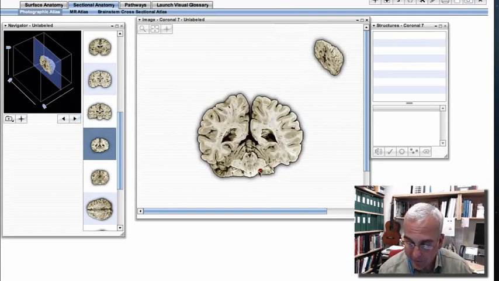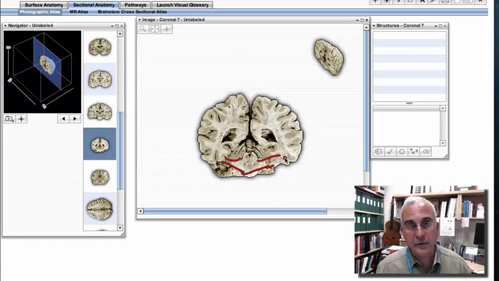So we know that this is the pons because we have this broad base of the pons that's giving rise to these peduncles that are spreading out into the cerebellum. So these now are the cerebellar peduncles out in this direction. So our corticospinal and corticobulbar fibers are running down through the base of the pons in this location.